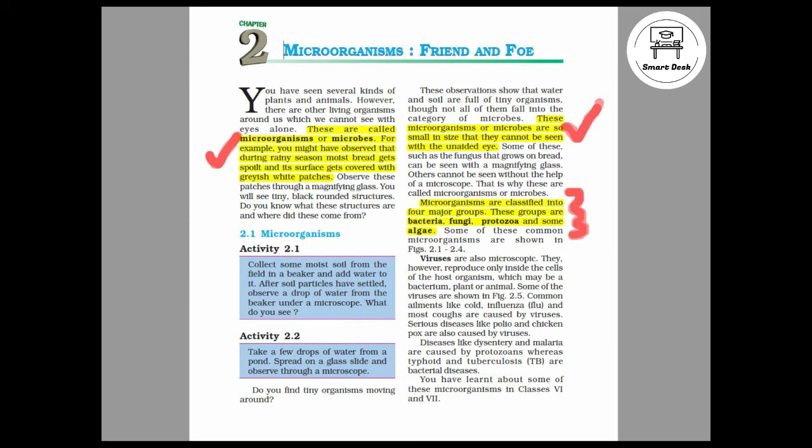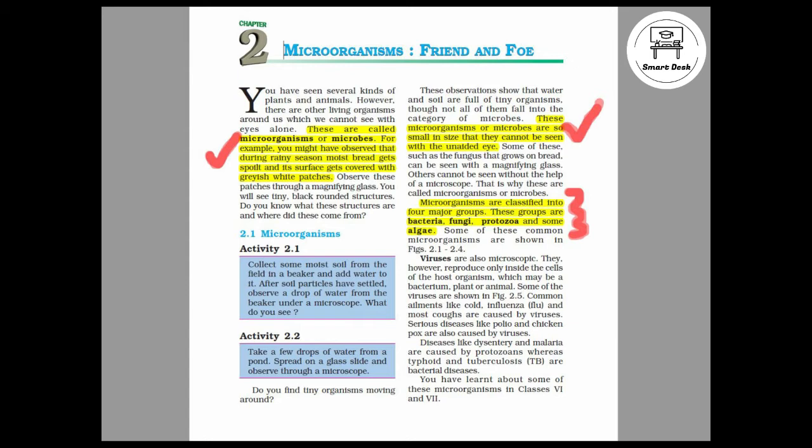Generally microorganisms are classified into four major groups, that is bacteria, fungi, protozoa and some algae. There is also another kind of microorganism, and that is virus.